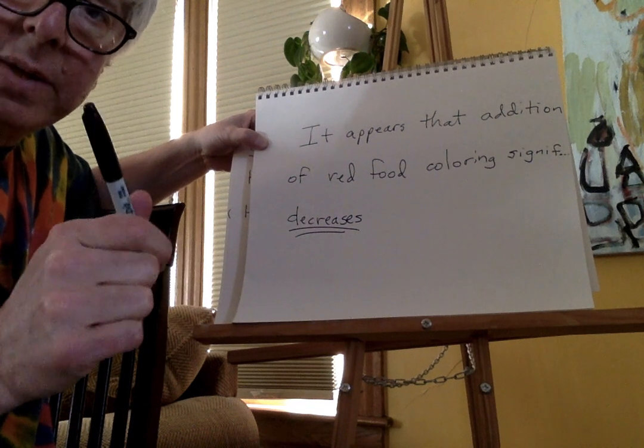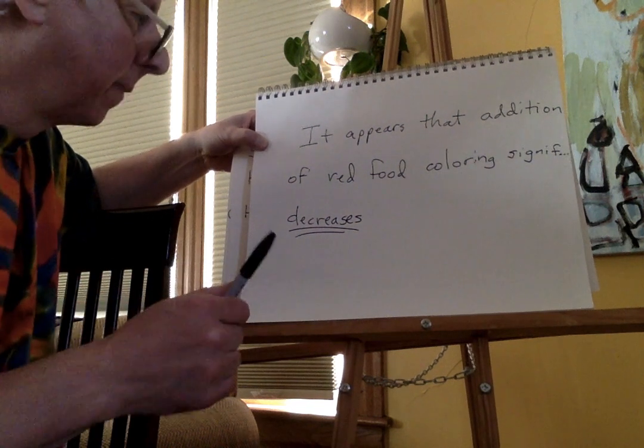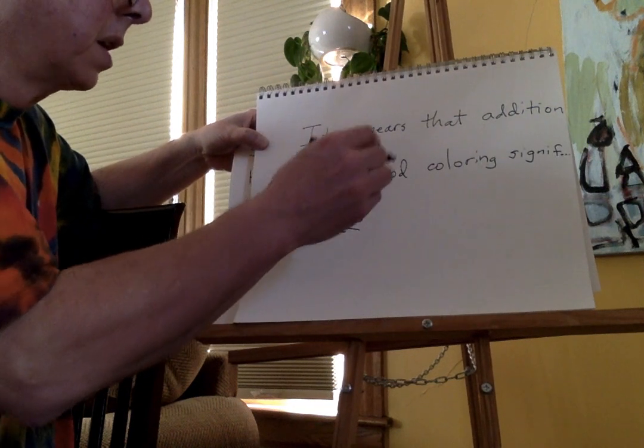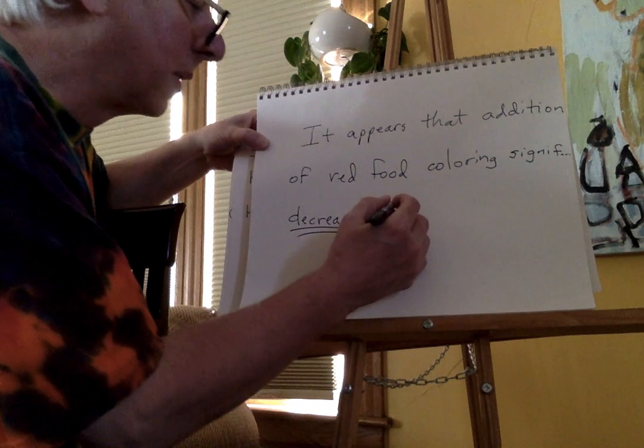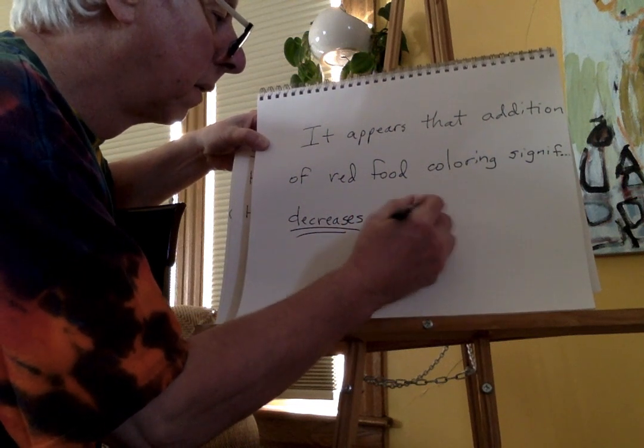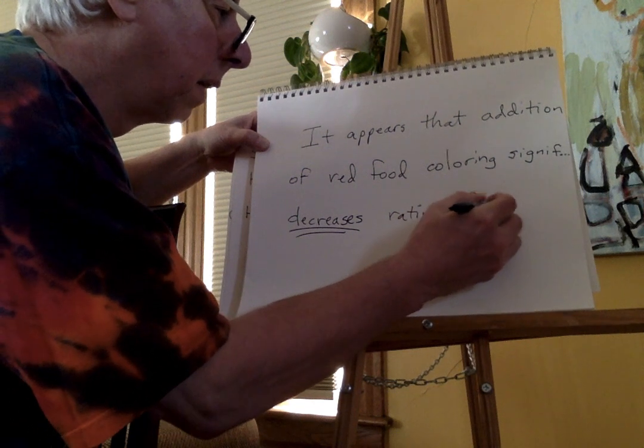We'll talk about this in a minute because this is a surprise. It appears that addition of red food coloring significantly decreases ratings of sweetness.